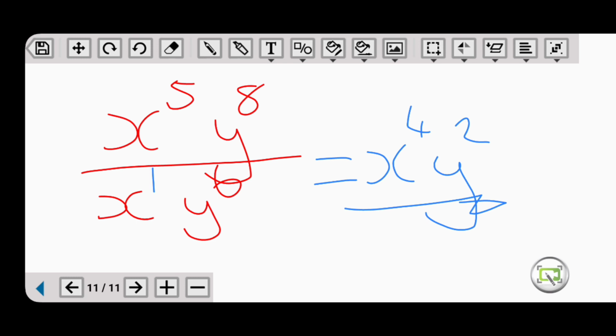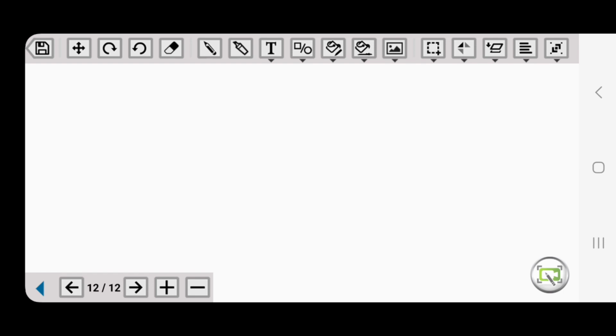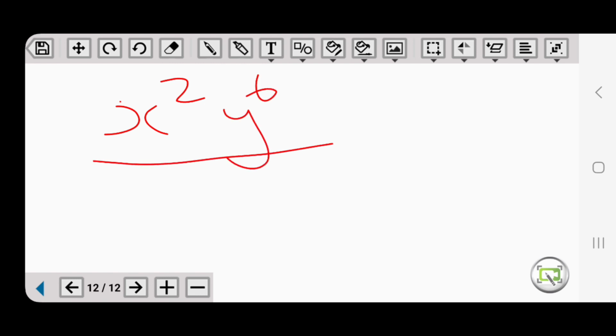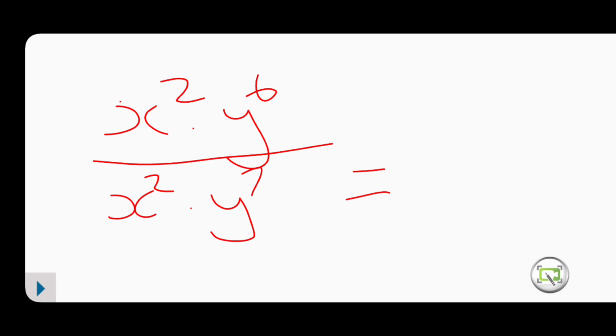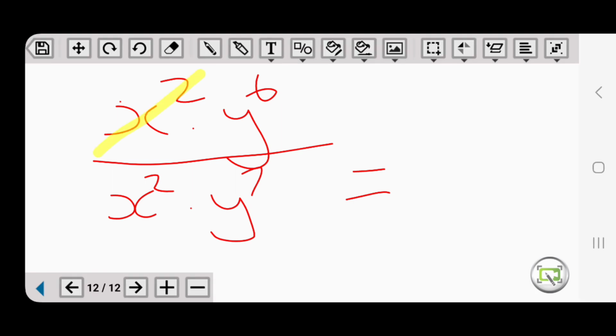Let's look at the next one. There you go. Because we have an invisible multiplier between each term at the top and at the bottom, and our x squared is exactly the same top and bottom, I can just cross them out.